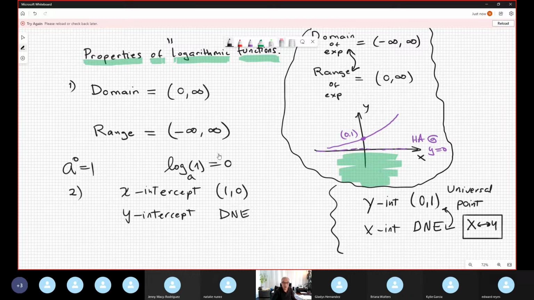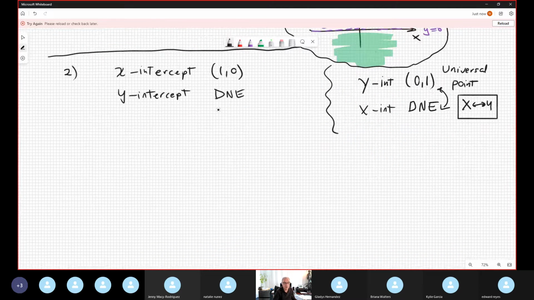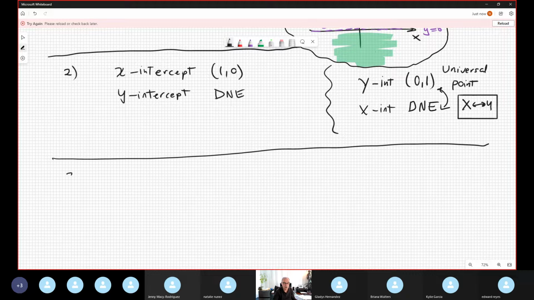Okay, this is the property. What is property number 2? Property number 2 is x in a set and y in a set. Okay, cool. However, we have a similar situation to the exponential. We have a logarithm of any base, but you have two possibilities.